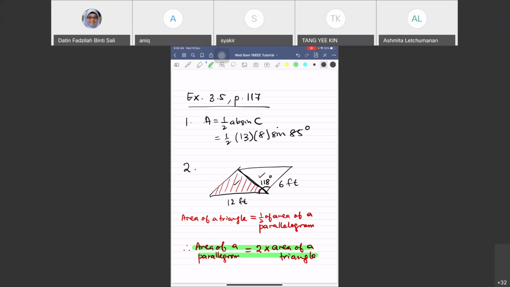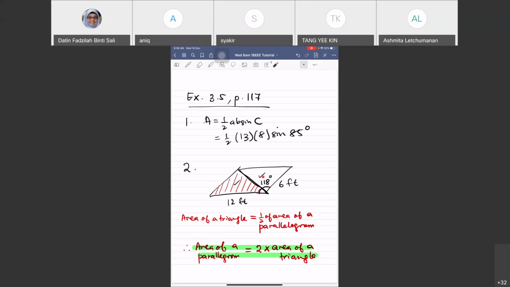So don't get confused. You can also look at a parallelogram like this. I can also draw a parallelogram beside like this one. Or we can cut our triangle like this, also the same.